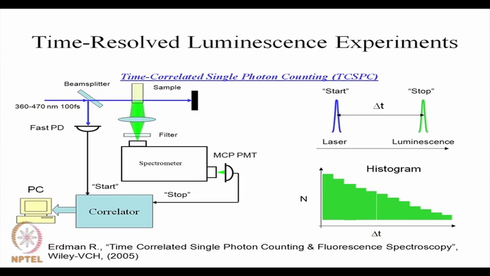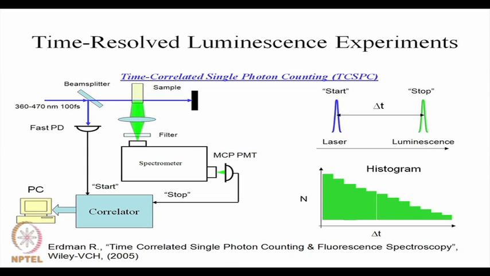If the dynamics of solvation is not like 1 or 2 femtosecond, or maybe 100 femtosecond, then you can easily do that. If its time resolution is about say 40 picosecond, say 20 picosecond, then you can do quite fast processes. So this way you can do time resolved luminescence experiments.